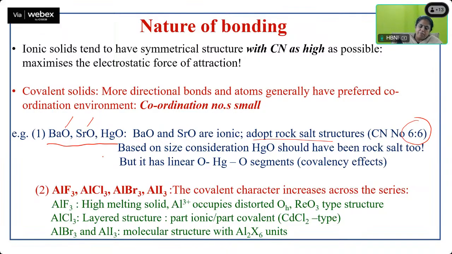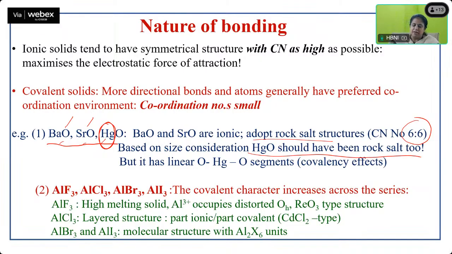Now, if we consider the fact that they are all AX, and also on the basis of their radius, like mercury as compared to barium or strontium, even based on that criterion, mercuric oxide should also have been rock salt.